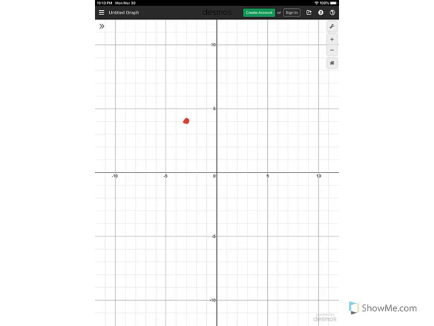It's going to cross the x-axis this time at -1, -5.